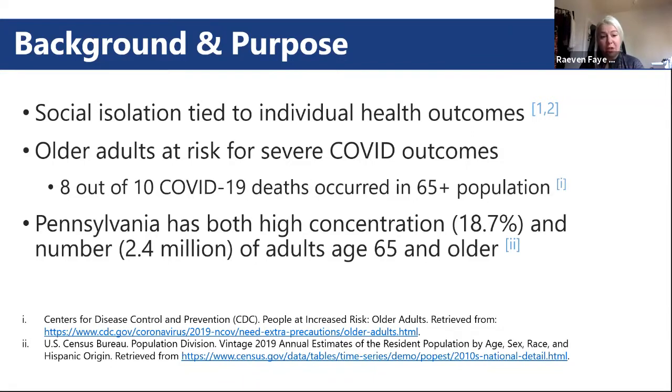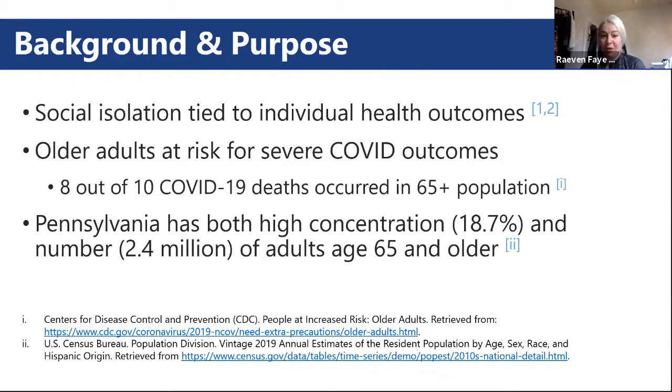And so we know that social isolation impacts individuals' health outcomes. That can be access to care, but also just being socially isolated can lead to not having access to food or other community activities that increase well-being, particularly mental health among the older populations.